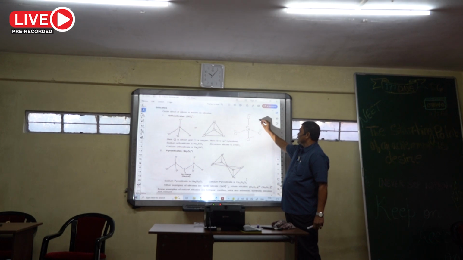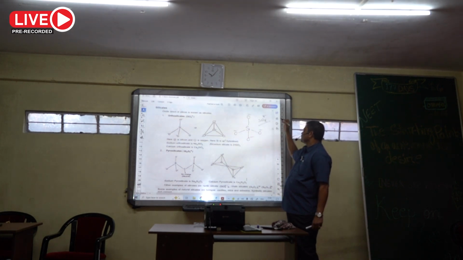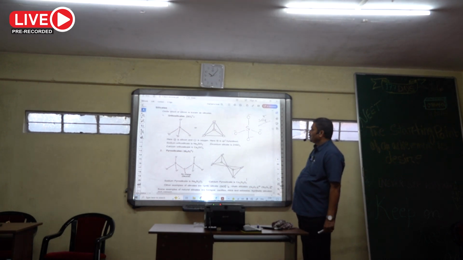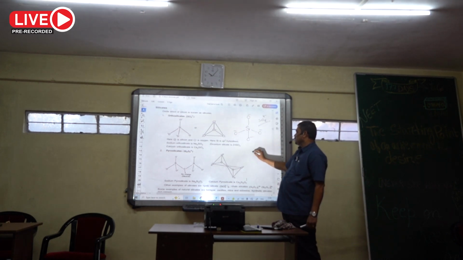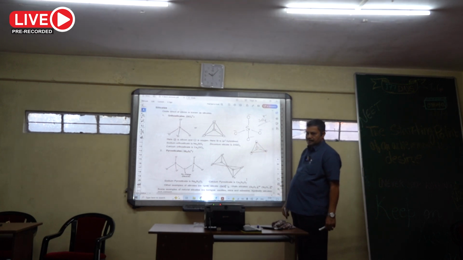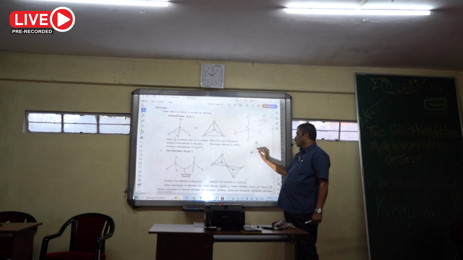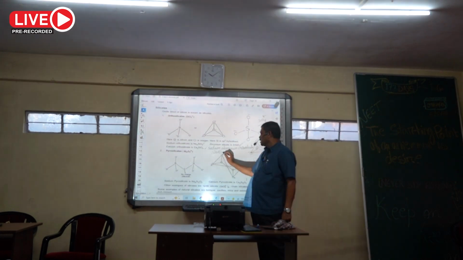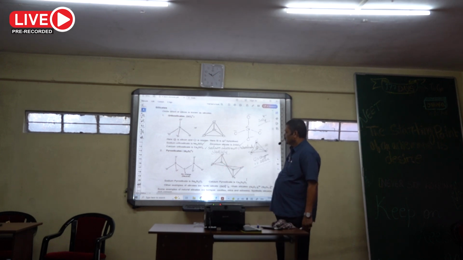So what is its formula? SiO4 4 minus, which can also be represented like a triangle. In this triangle, each corner, this circle represents oxygen. The central dot represents silicon.